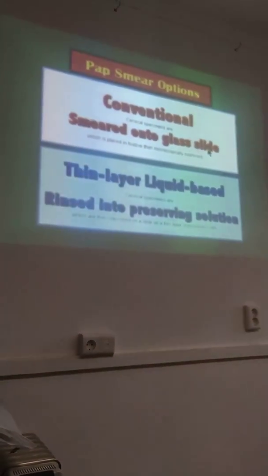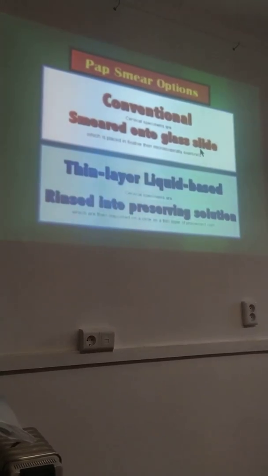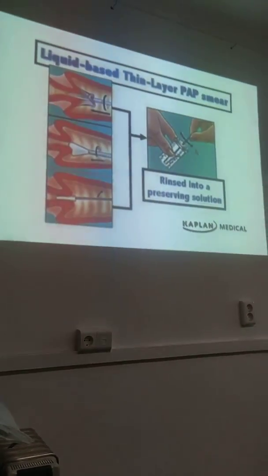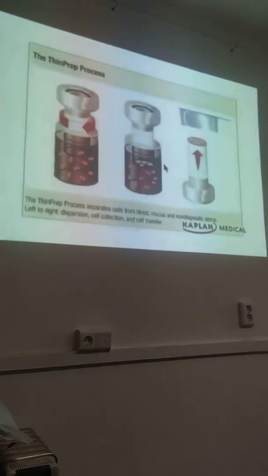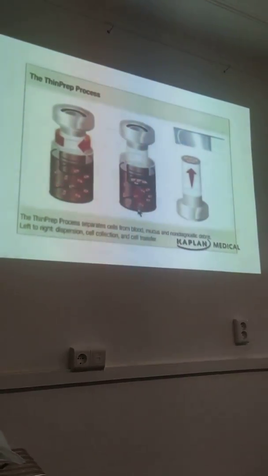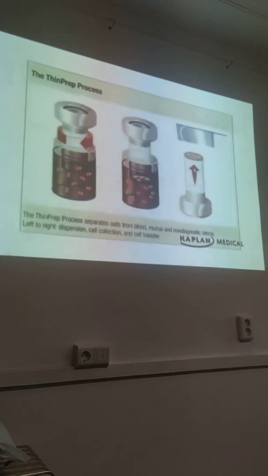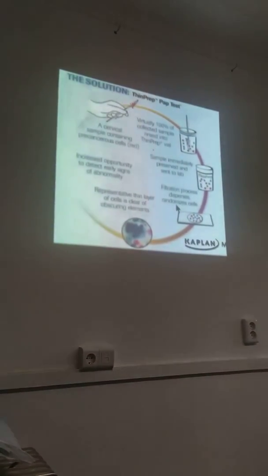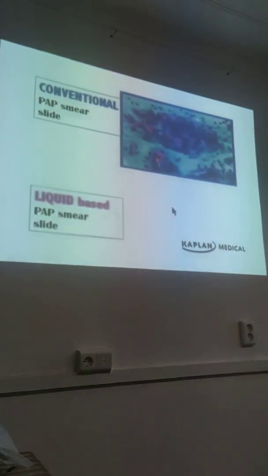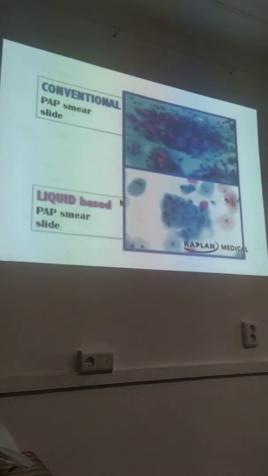So we now are doing a lot more of the thin layer, liquid-based, where we rinse the specimen into a preserving solution. We get it to precipitate down evenly onto the glass slide, and then you get less loss of the specimen and a better looking smear.